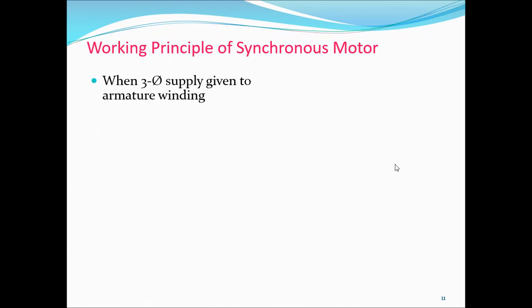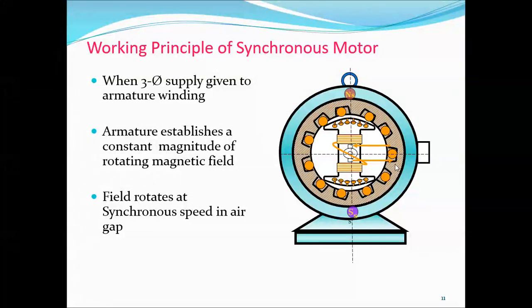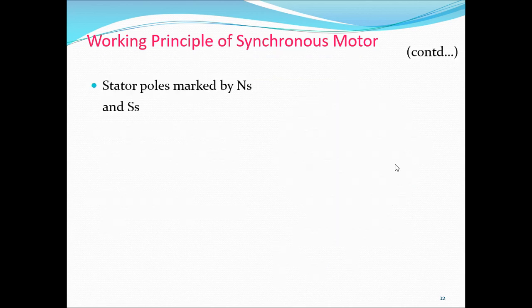I think everyone understood this, how the motor is working and how it is started, why the synchronous motor is not self-starting. So when we give the three-phase supply to the armature winding, it establishes a constant magnitude rotating field at a synchronous speed.